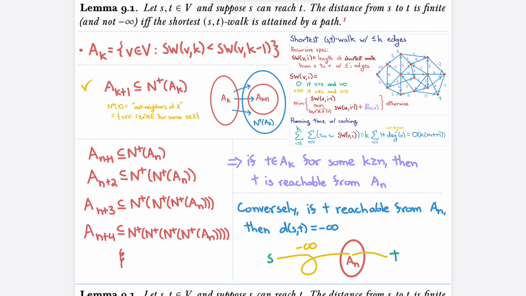The second point you already keyed in on was that if I can reach t from someone in A sub n, then it's definitely negative infinity, because I can get to here, negative infinity, and then I can go to t. But the more careful chaining argument shows that this will be complete. It will capture everyone. So if you are negative infinity, then you should be reachable from A sub n. That's the only way to get there. Now you really know you get everything, and you only ever needed to go up to A sub n.